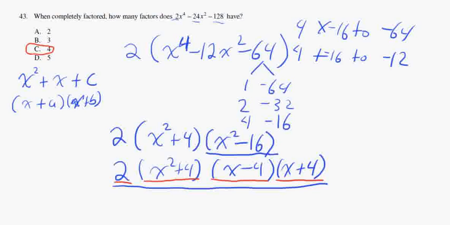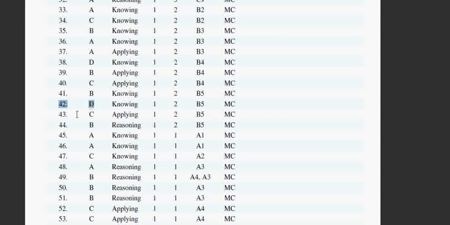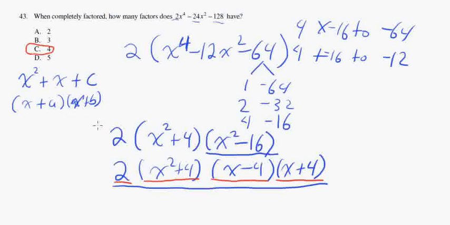And let's take a look. 43C, 4 factors. Now, a shortcut for a question like this, I don't think it's discussed in Math 10, but your teachers might have shown you: generally speaking, the highest power of x is going to tell us the number of factors.